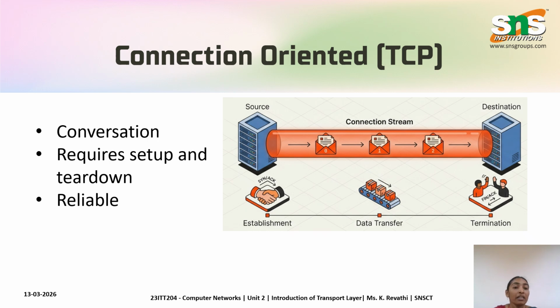It has three phases. First is connection setup. The second phase is, after the connection is set up, to transmit the original data to the receiver. The third stage is, after transmitting all the data, to terminate the connection. This is called the connection termination phase.